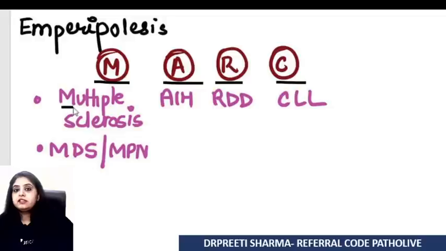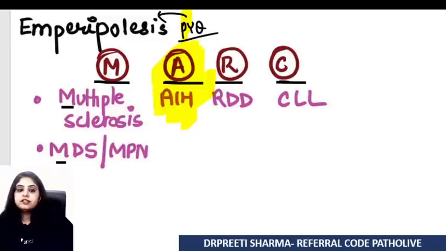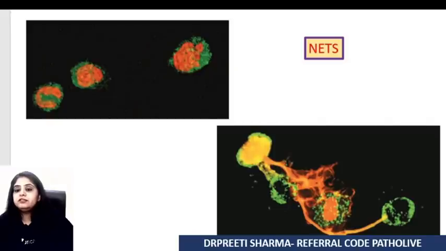That is multiple sclerosis, myelodysplastic syndrome, autoimmune hepatitis, Rosai-Dorfman disease, and CLL. But like I said, for the FMG students, autoimmune hepatitis is important. Why? Because this is a previous year question, so obviously we cannot ignore it. That shows you emperipolesis.